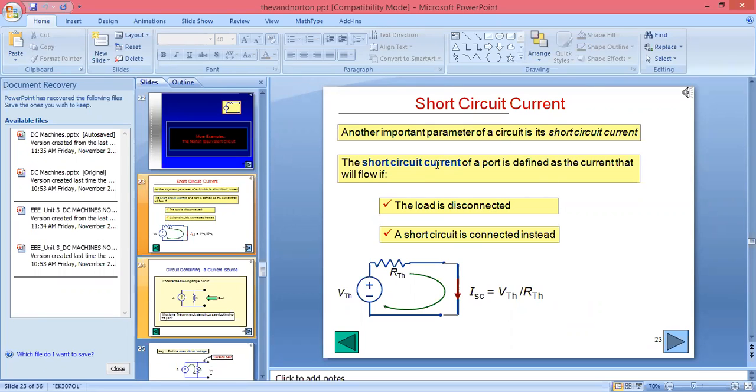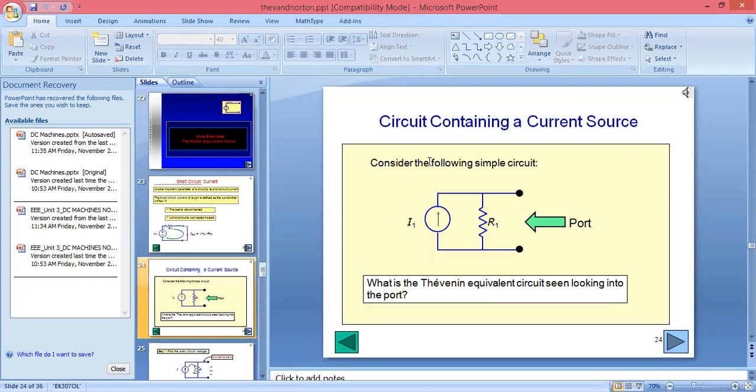So here we are talking about another important parameter, that is the short circuit current. The short circuit current of a port is defined as the current that will flow if the load is disconnected and a short circuit is connected instead. So when we have the circuit, we can convert it into a current source, and the Thevenin equivalent resistance will be in parallel with that current source.